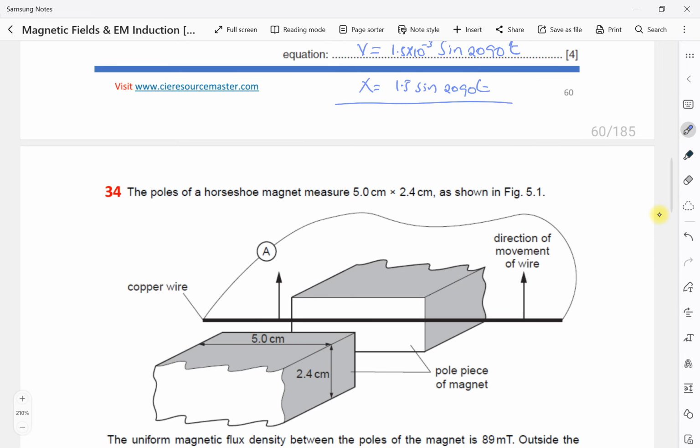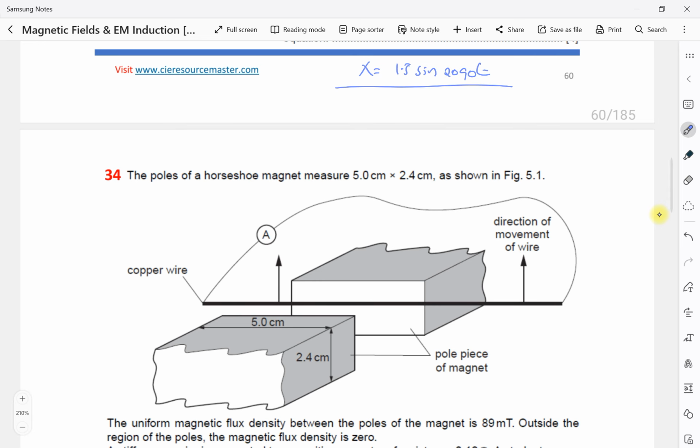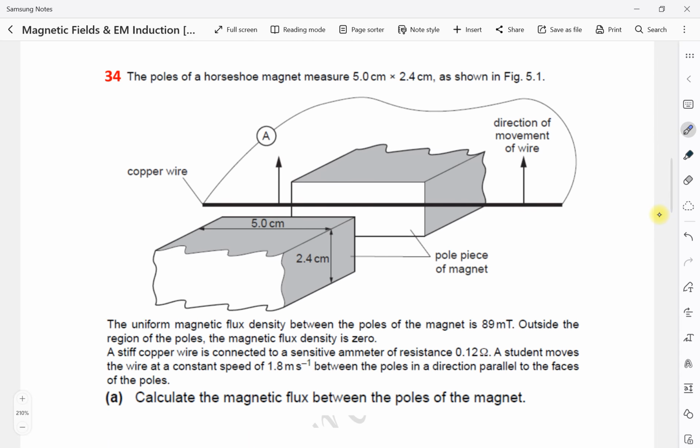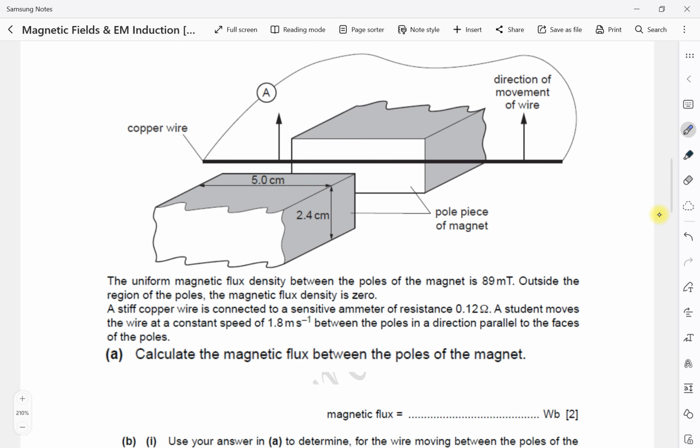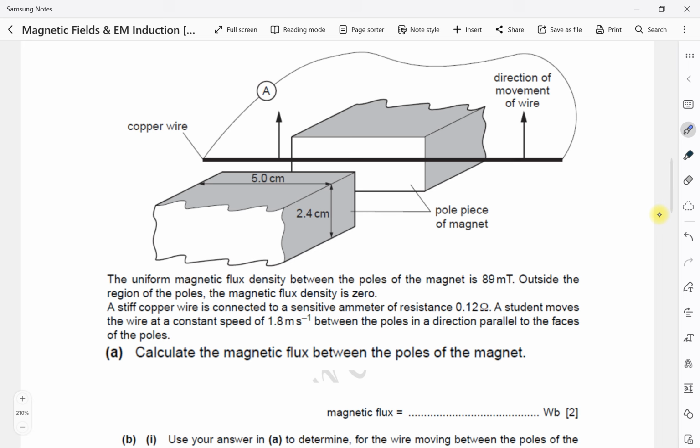The poles of a horseshoe magnet measure 5 by 2.4 as shown in the figure here. The uniform magnetic flux density between the poles of the magnet is 89 milliteslas. Outside the region of the poles, the magnetic flux density is 0. So outside it is 0.